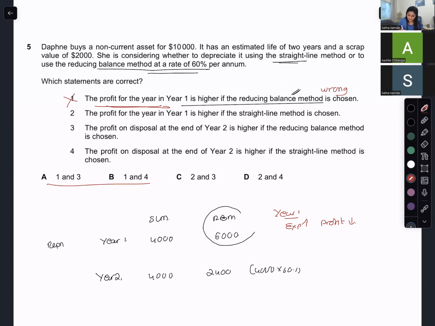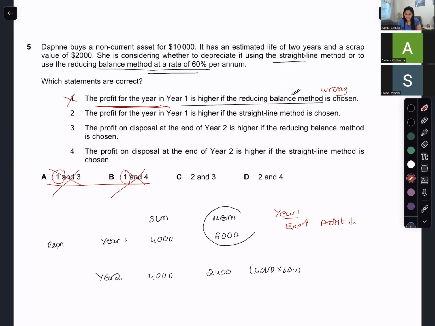That means, which statements are correct, I would say option one and option B goes away because statement one is incorrect. So this will go away. Come on. Go to the next one.